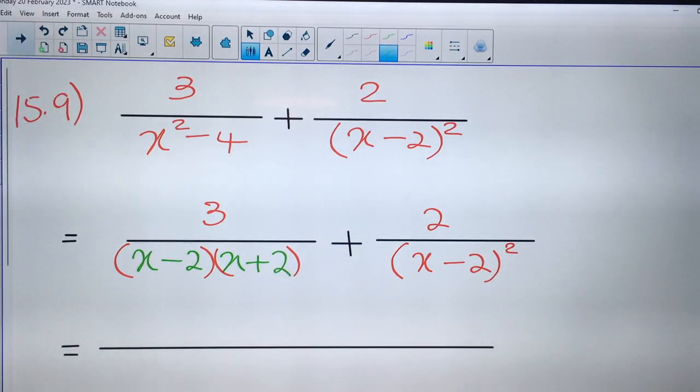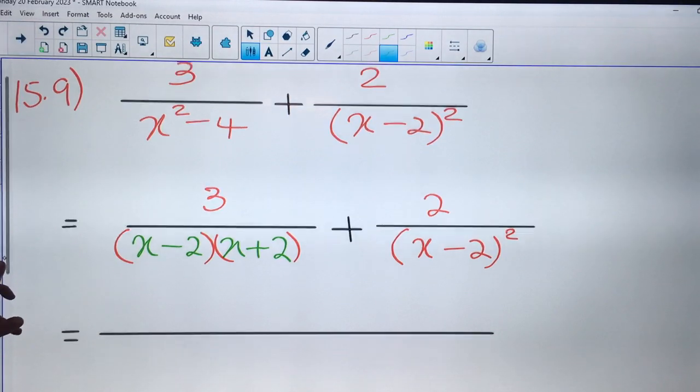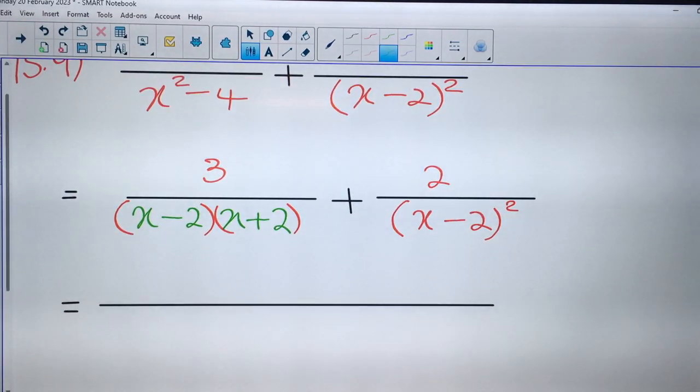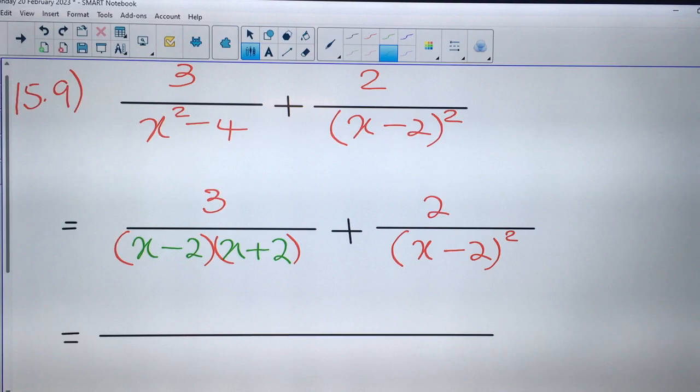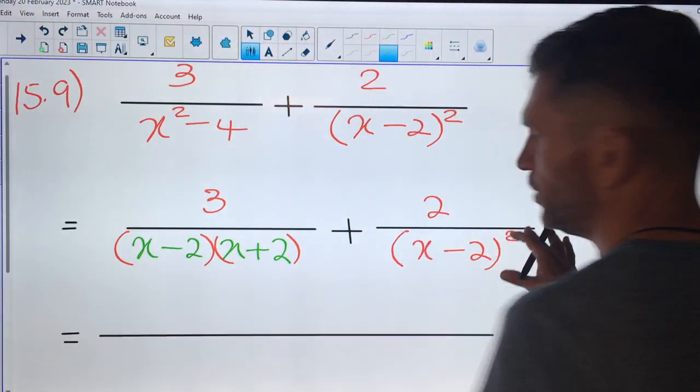So that can be factorized like that. Then we have to write that bracket afterwards. You don't have to write it out because we're not going to multiply it out. We are going to use the square though.